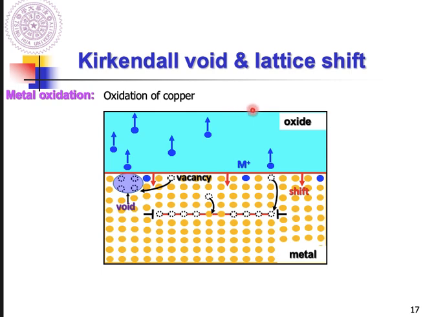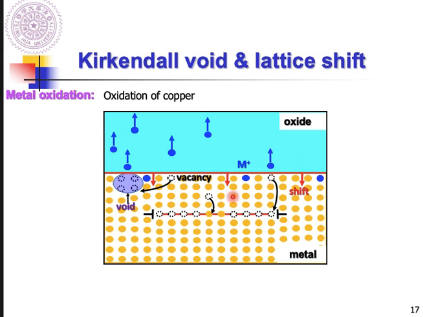And the second possible mechanism would be that the oxygen molecule diffuses through the oxide layer until it reaches the copper atoms and reacts with them. So either metals diffuse out or the oxygen diffuses in through the oxide layer, right?